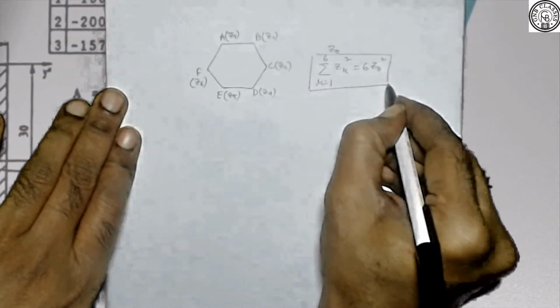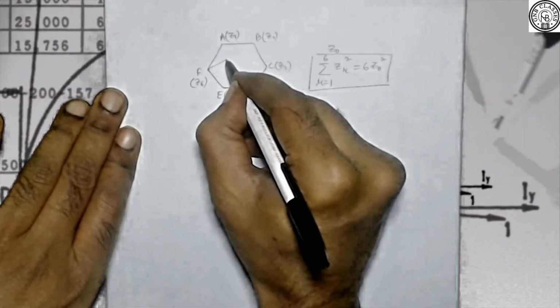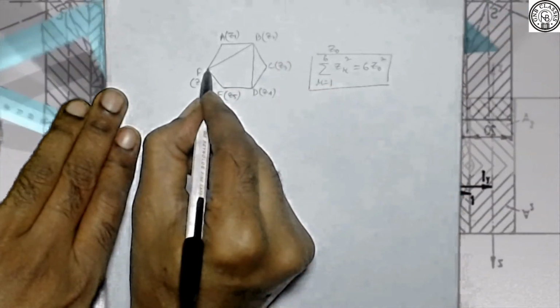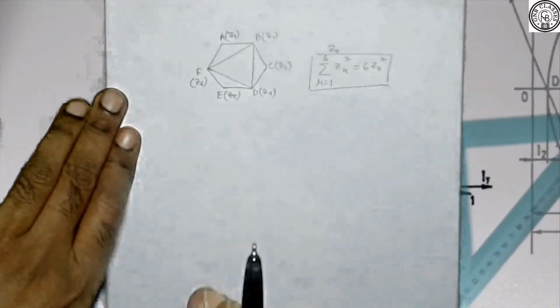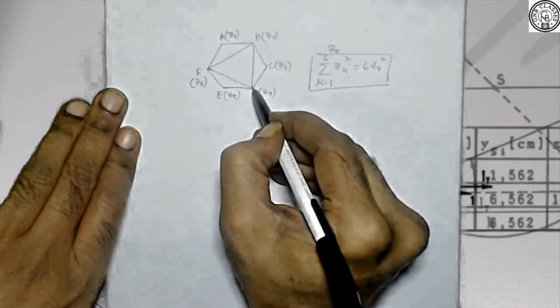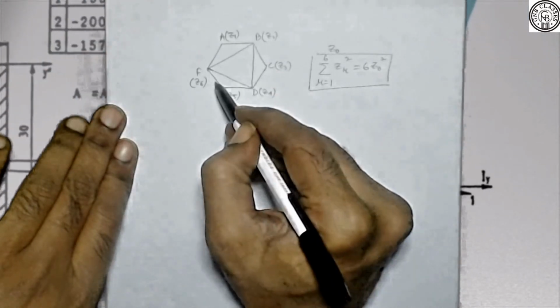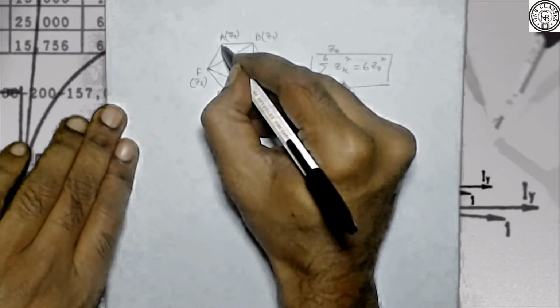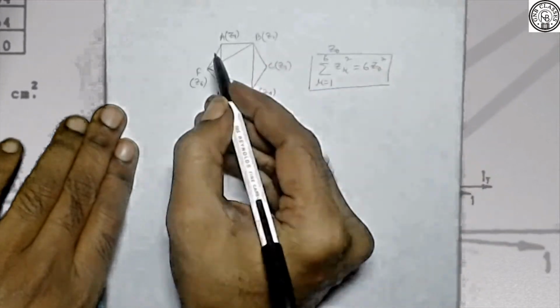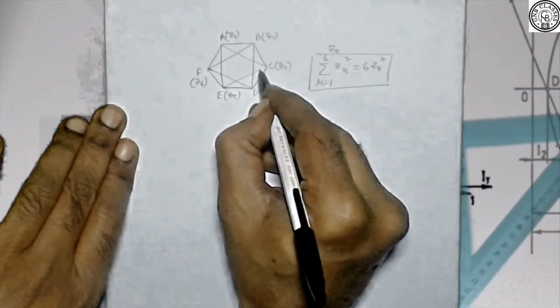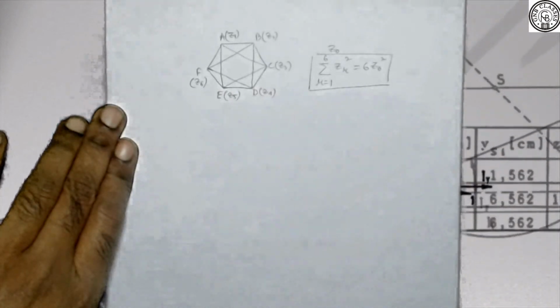Okay. Now let me just join these vertices. So we are basically getting an equilateral triangle. FBD is an equilateral triangle. Let me join A, E and C. Again, this is also an equilateral triangle.